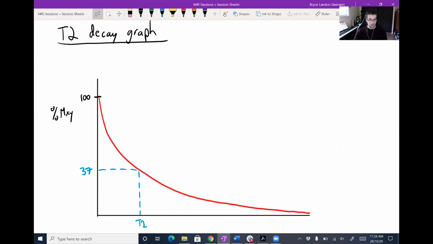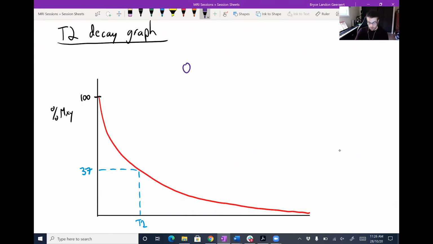But this also is an imaginary curve most of the time, right? Because there are more things that cause variations in the magnetic field across the body, across individual hydrogen atoms, than just this spin-spin interaction that we've been talking about.